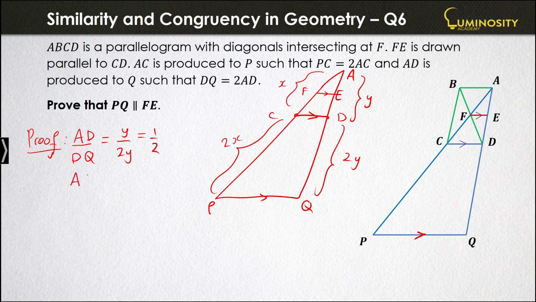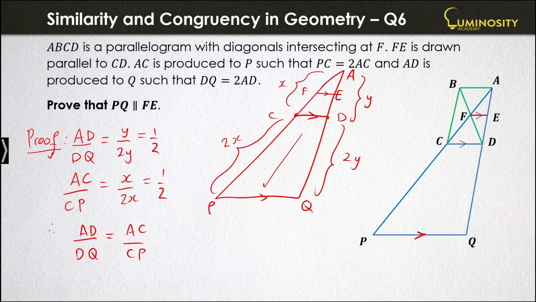And then if I look at this proportion here, AC over CP, that's going to give me x over 2x, which is equal to a half. So therefore, I show that AD over DQ is equal to AC over CP. So I've shown that proportionality is true and that there's a line from C to D drawn opposite the side PQ. So therefore, I can say that PQ is parallel to CD, and that is by the converse of the proportionality theorem.